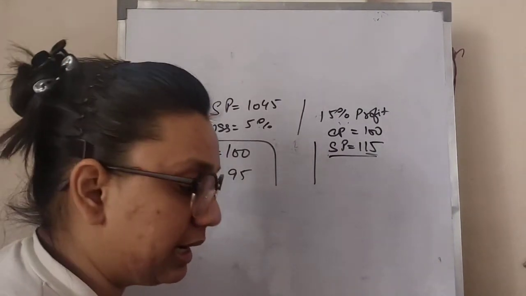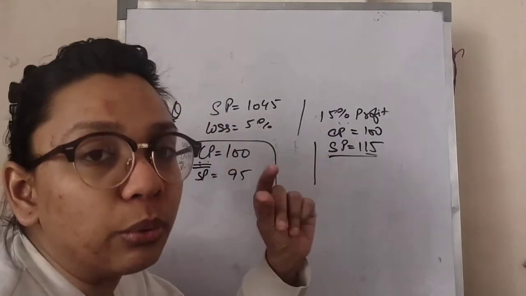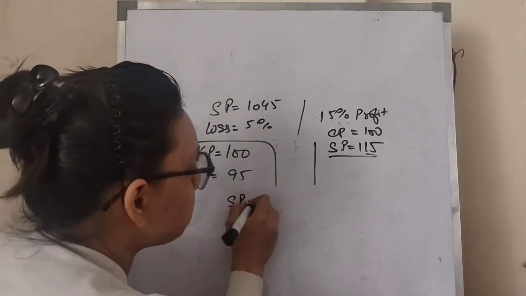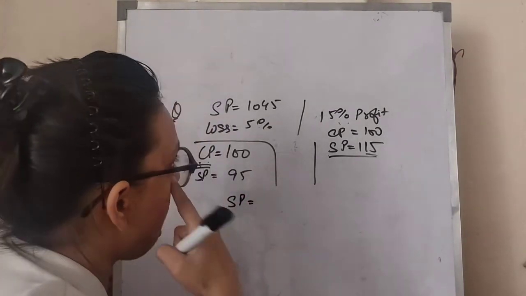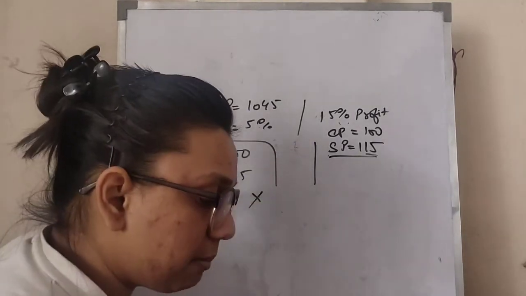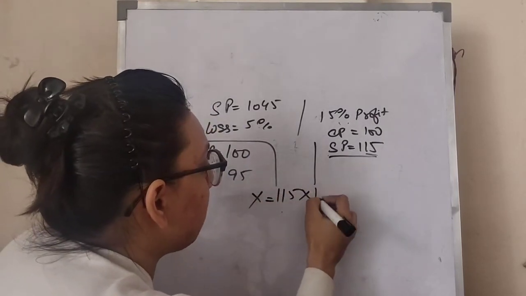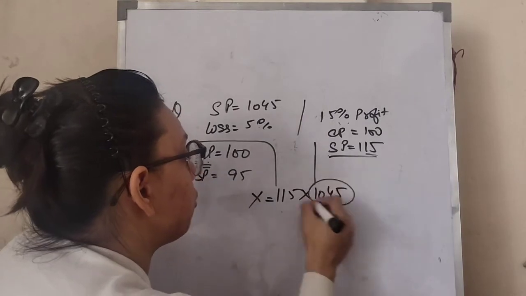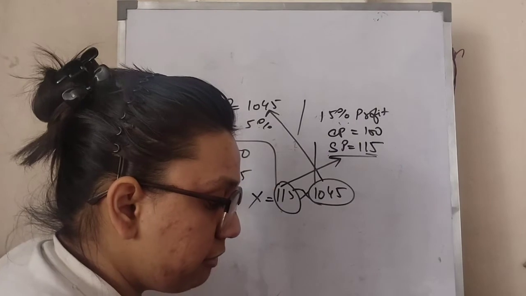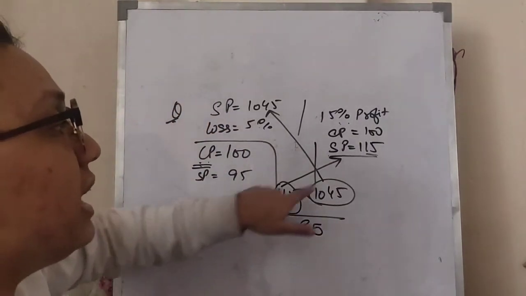Now, how to calculate it? We will need to calculate the required amount. So directly, how can we do it? SP, or I'll take it as X, that will be better to understand. X is equal to 115 multiplied by 1045, upon 95. 1045 is the old SP and 115 is the new SP.